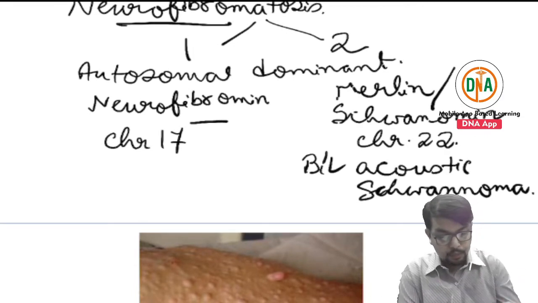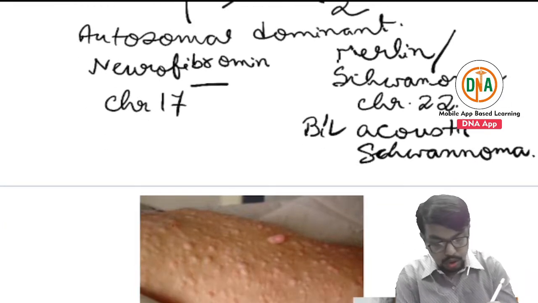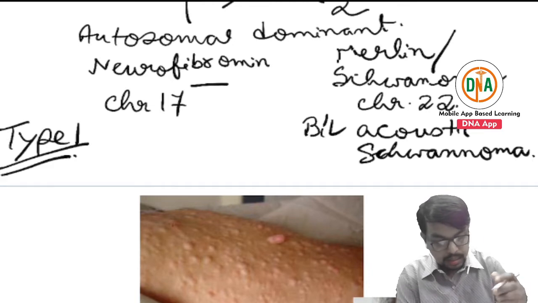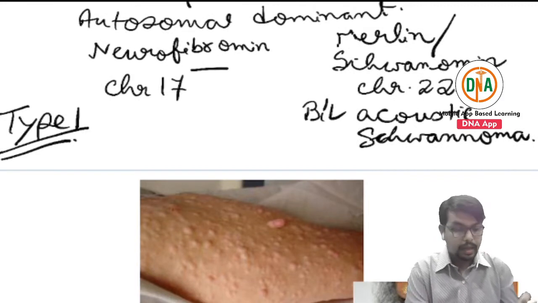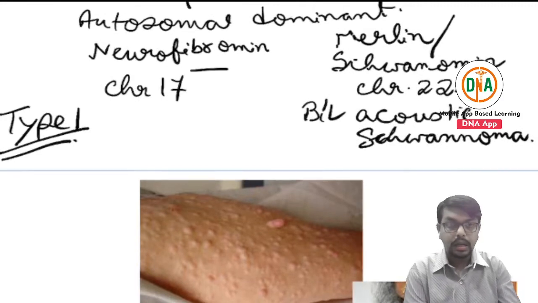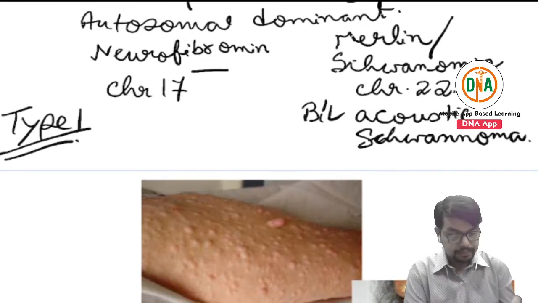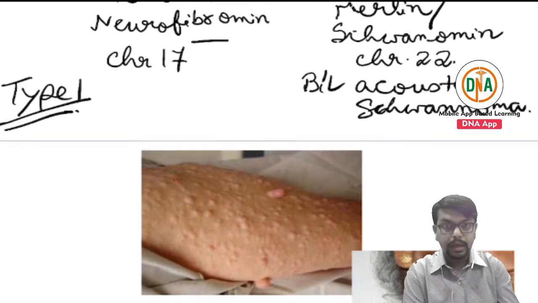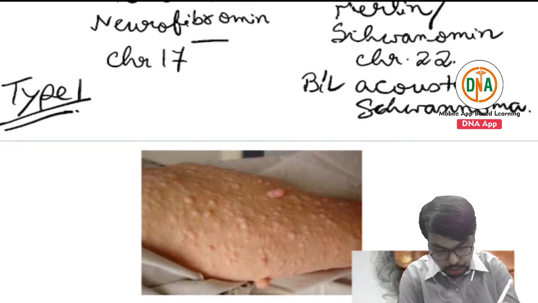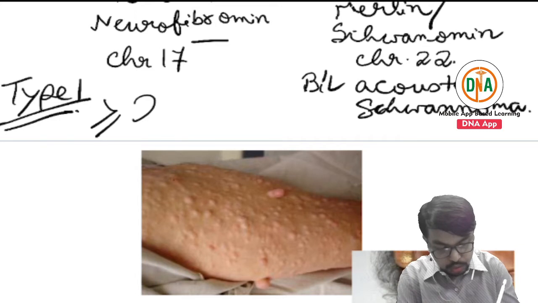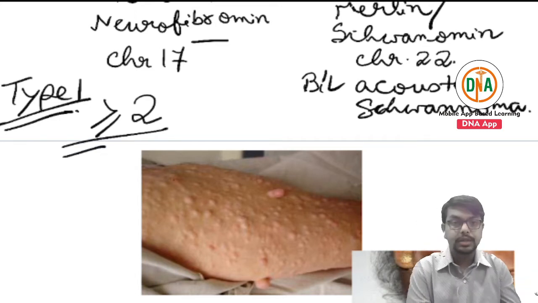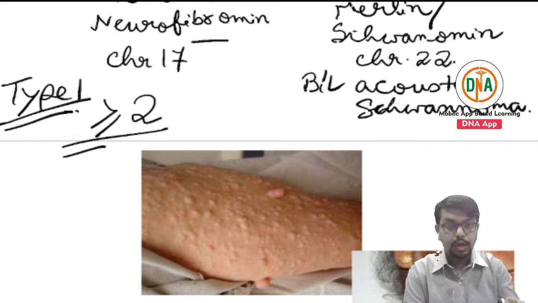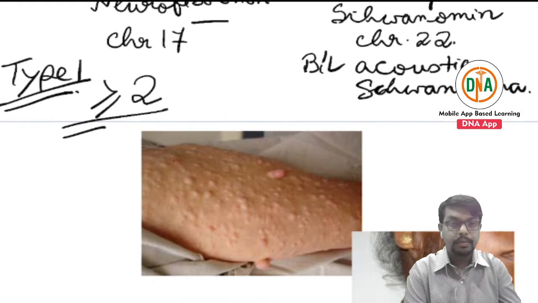Now the type 1 is the more common one. This is diagnosed by using a criteria. There are certain points among which greater than or equal to 2 should be present for diagnosis of neurofibromatosis type 1.